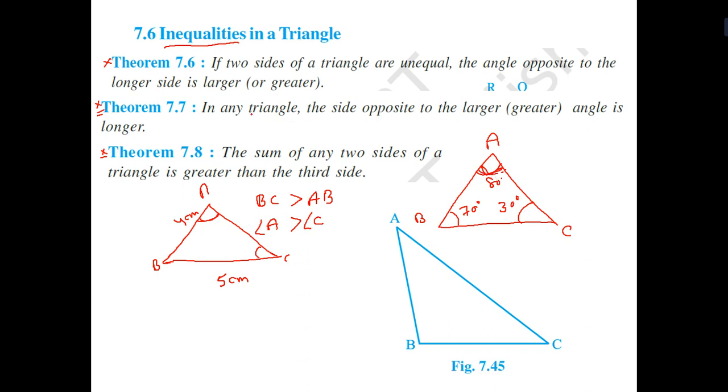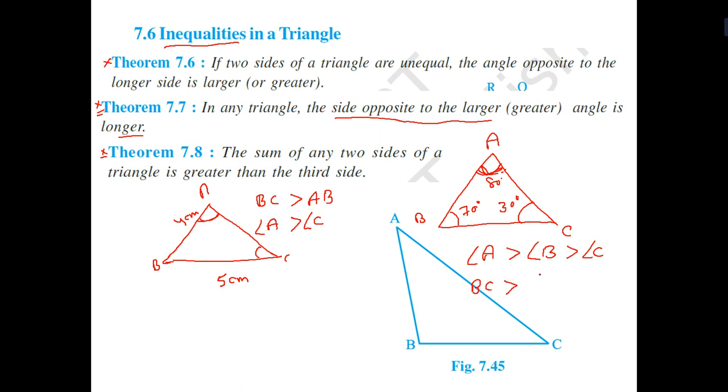Now the theorem is, side opposite to the larger angle is longer. So angle A is greater than B, then greater than C. So angle A is greater, and angle A opposite side is BC.